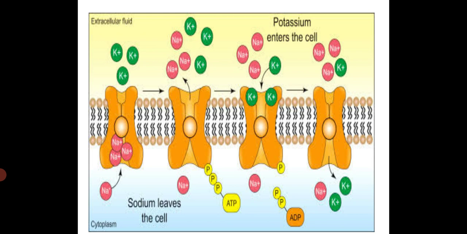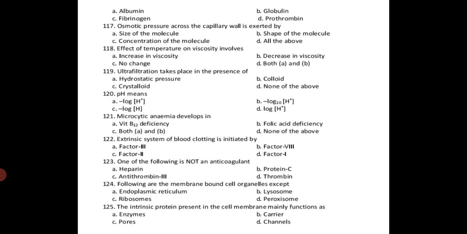It is an active transport because this movement is against a concentration gradient. ATP breaks down and 3 molecules of sodium are exported out of the cell. Simultaneously, 2 molecules of potassium are imported into the cell. 3 sodium get out, 2 potassium get in, and 1 ATP gets hydrolyzed. And this is the sodium potassium pump.